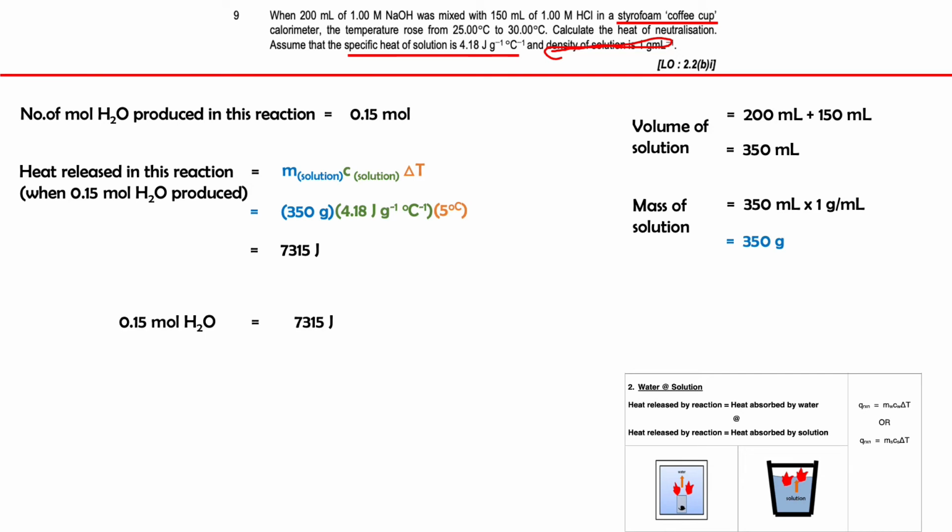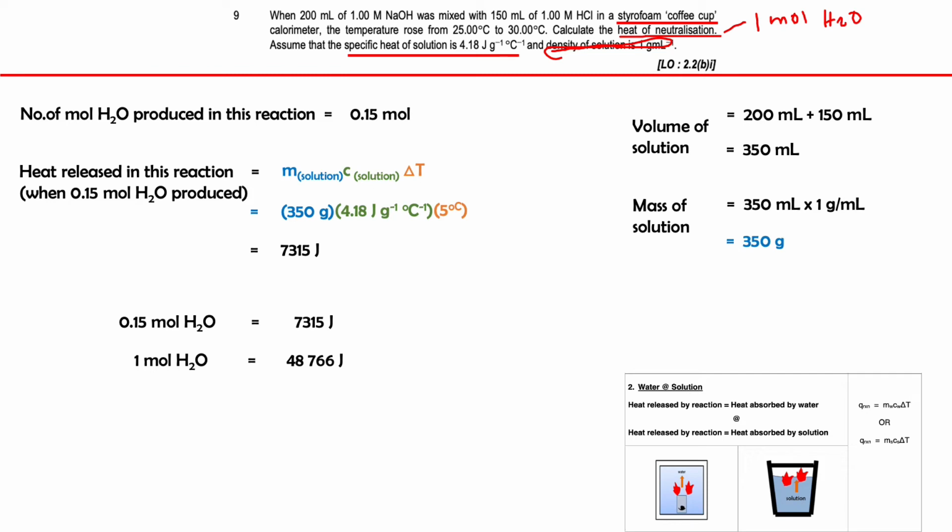But the question is asking you to find the heat of neutralization. As I told you in the previous slide, heat of neutralization is referring to the production of 1 mole H2O. So we have to find the heat released by the production of 1 mole H2O, which is equivalent to 48,766 joule.